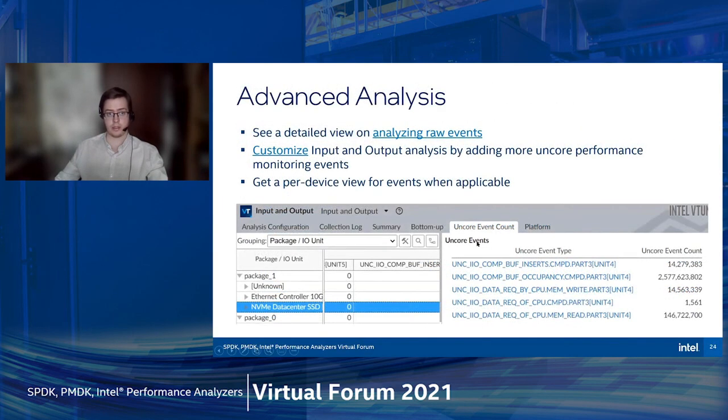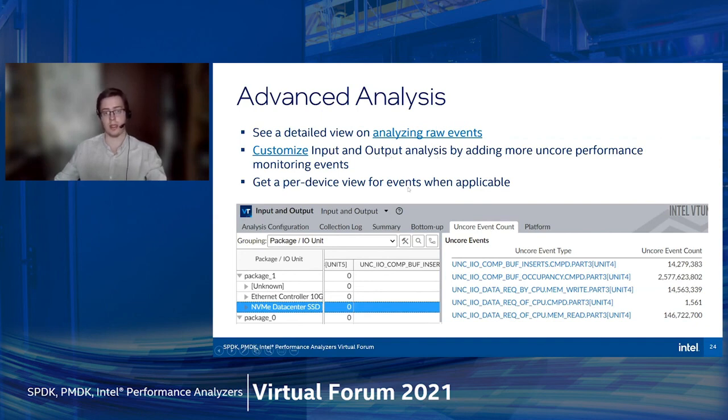And eventually, a couple of words about working with raw events. If you think that the information is not sufficient in your analysis, you can see the detailed explanation of what events might be helpful for some deep analysis of the platform activities.